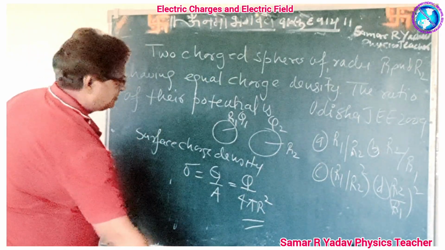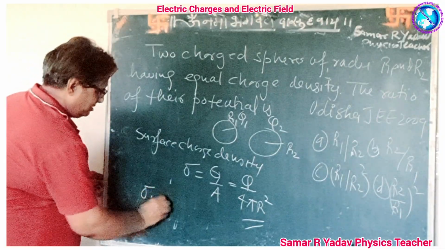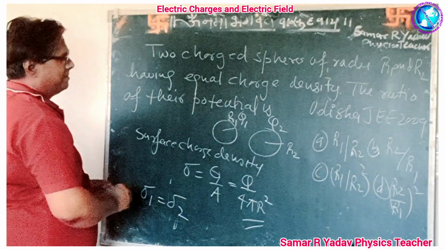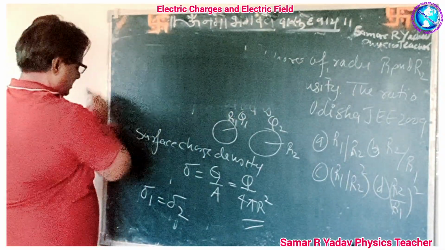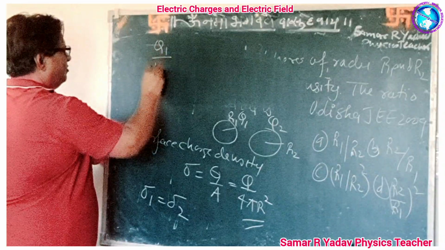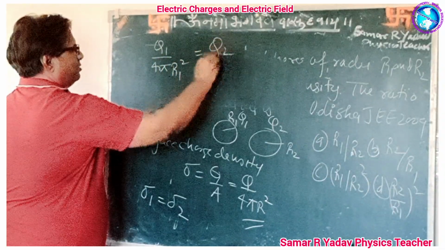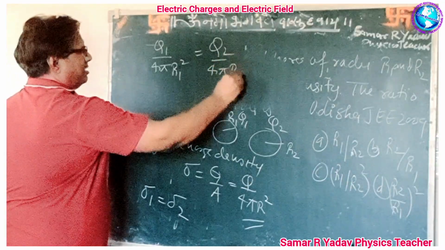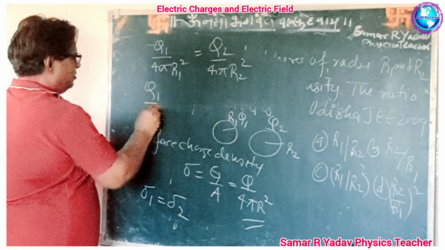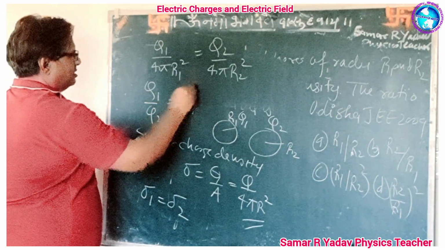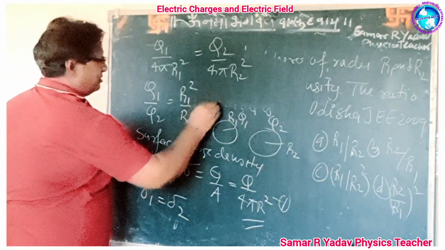Here both spheres have the same surface charge density, sigma 1 is equal to sigma 2. Keeping the values, Q1 upon 4 pi R1 square is equal to Q2 upon 4 pi R2 square. Therefore Q1 upon Q2 is equal to R1 square upon R2 square. This is equation number 1.